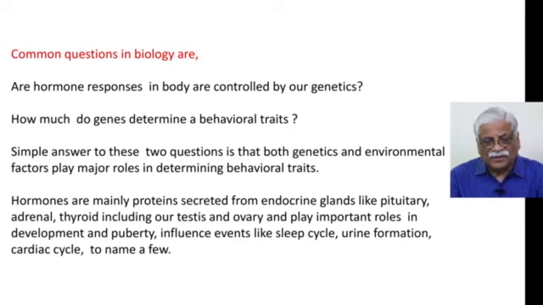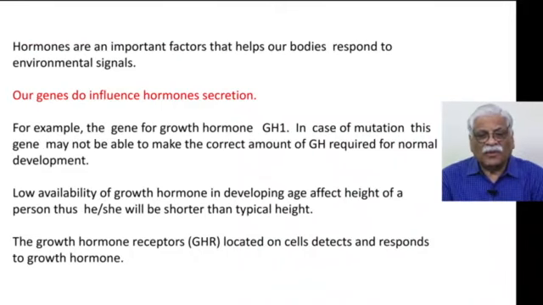Hormones are mainly proteins secreted from endocrine glands like the pituitary and adrenal, as I already told you, and they play important roles in development, differentiation, and puberty, and influence events like the sleep cycle, urine formation, and cardiac cycle, to name a few. Hormones are also important factors that help our bodies respond to environmental signals. When there is an environmental change, your body immediately responds with secretion of hormones.